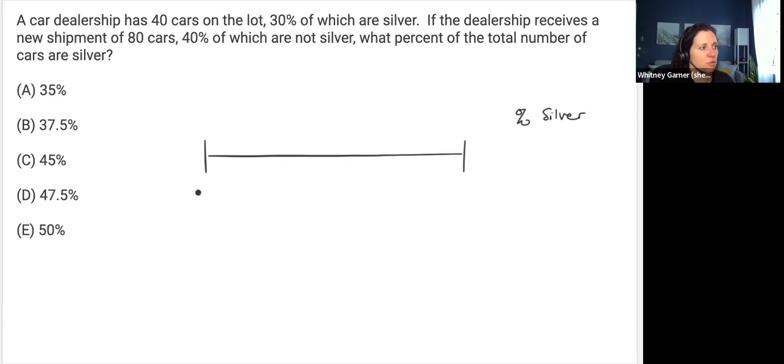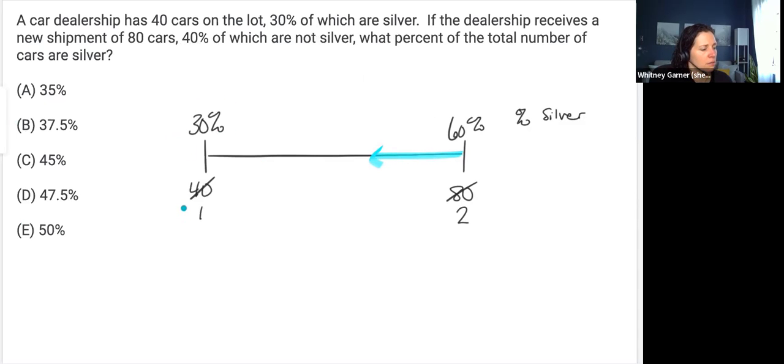So of the original 40 cars, 30% are silver. Of the new 80 cars, 40% are not silver, which means 60% are. Let me reduce this. The ratio of 40 to 80 is 1 to 2, which means this end is pulling 1 unit.